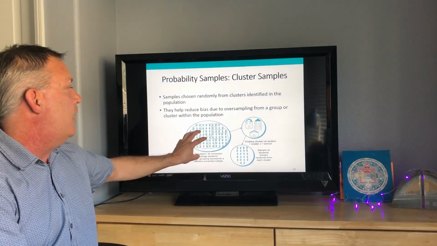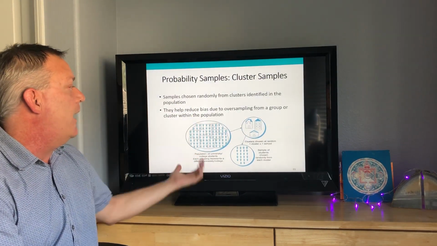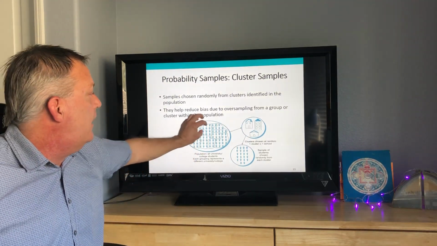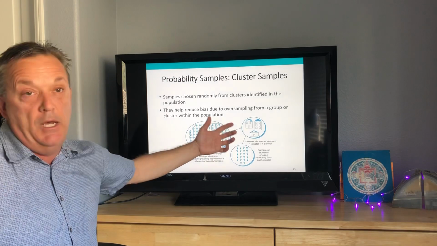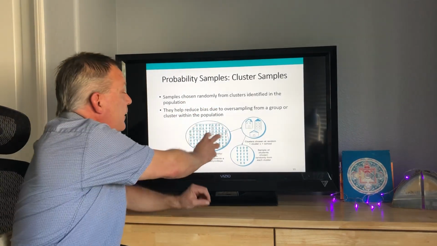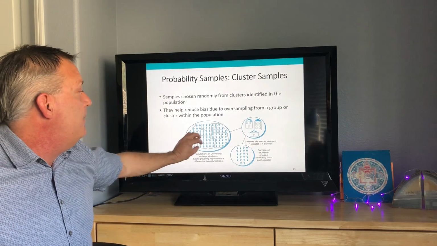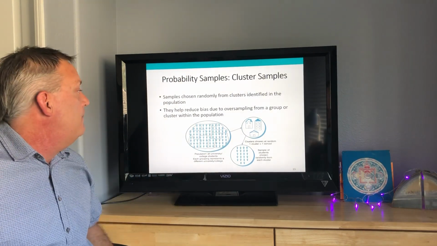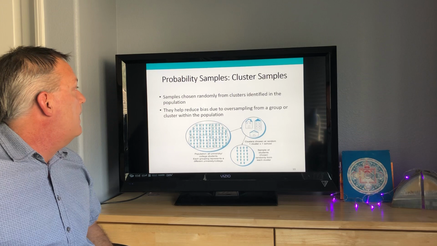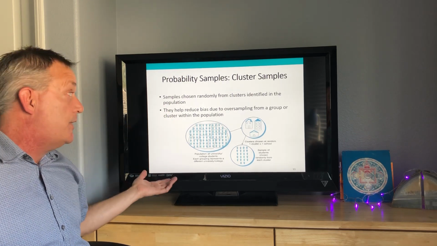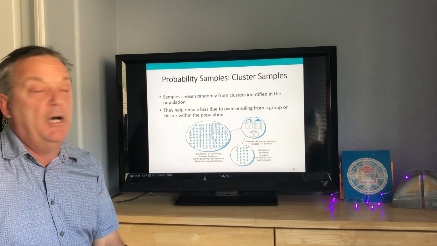So you're going to choose clusters and then randomly select from each cluster. You're going to make sure that you get bits of data from each area, as opposed to the previous example where you may be missing some of those areas. So in the example here, it says it does reduce bias from oversampling a group or cluster within the population.